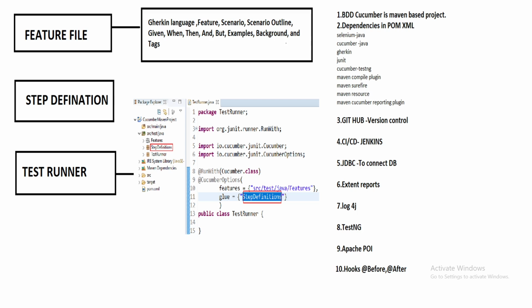Again, guys, to work with the test data, we can use a scenario outline followed by the examples, or if we are keeping the test data in an Excel sheet, we will be using Apache POI. So Apache POI has some inbuilt methods.